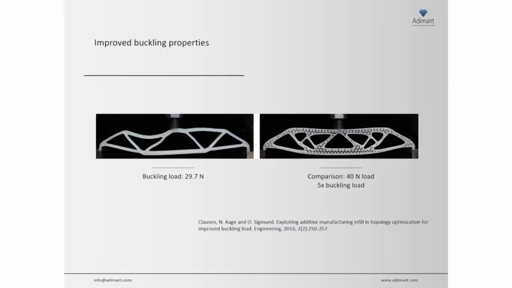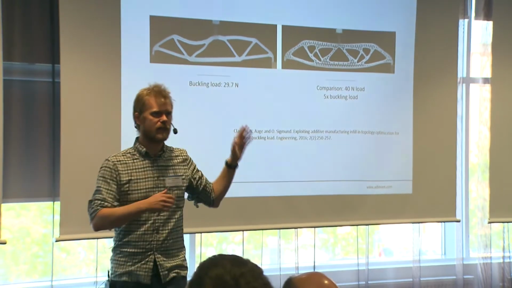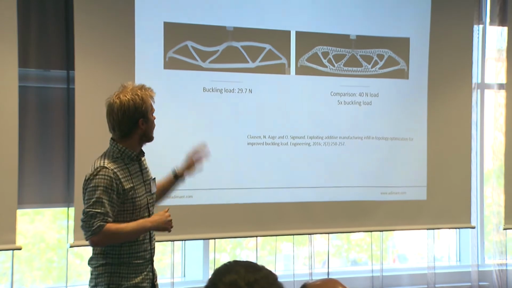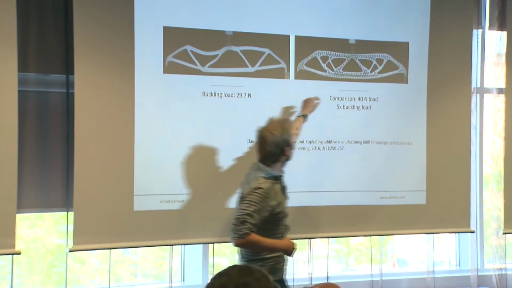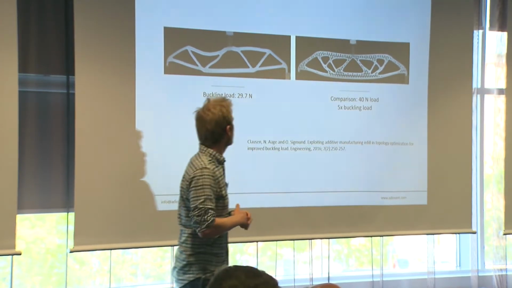Another good thing about lattice structures is the buckling I hinted at earlier on. Here you see a similar design where it's designed solid and designed with a lattice structure infill. This is just a 2D design problem to illustrate it. Again, it's the same mass of these 2 parts. You'll see that it's become slightly thicker here, but then lower density in the middle.